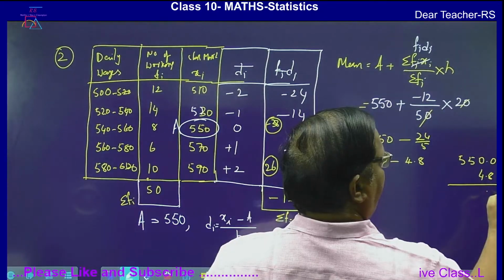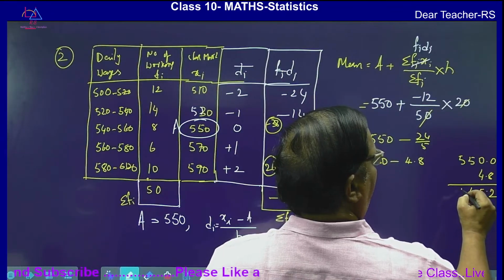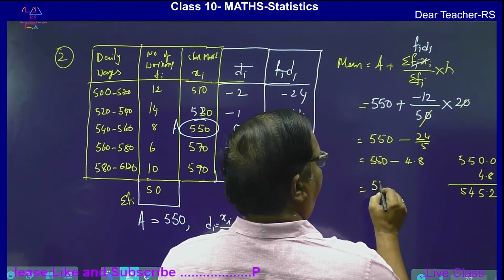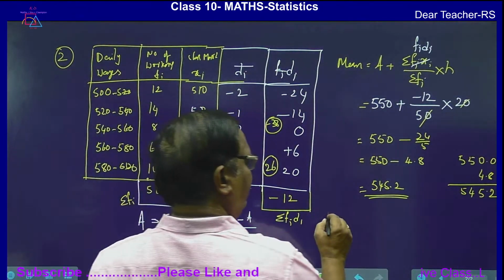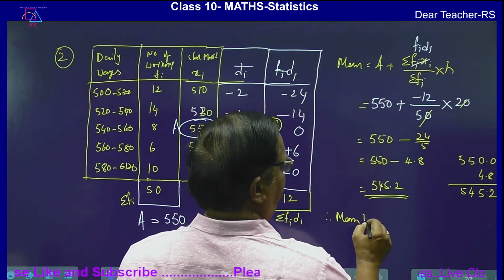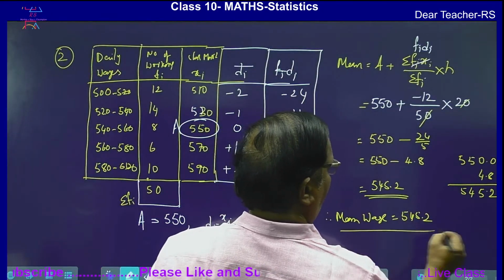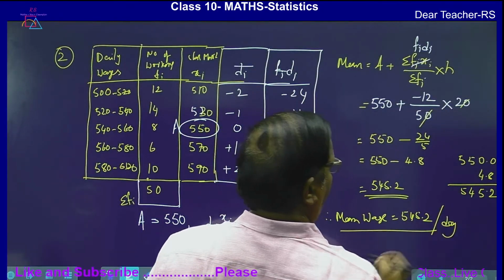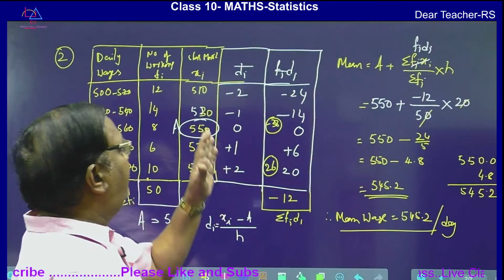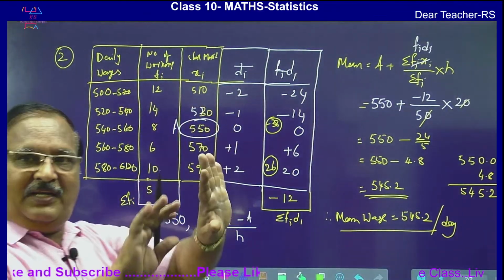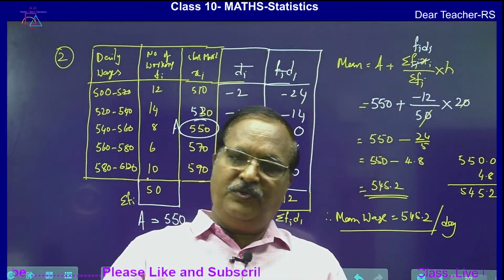It is equal to 545.2, the mean wages. Therefore the mean wages is equal to 545.2 rupees per day, or you can also write daily wages. So this is a very simple method. Only the table is looking very big, but you have to remember this method and do some practice.